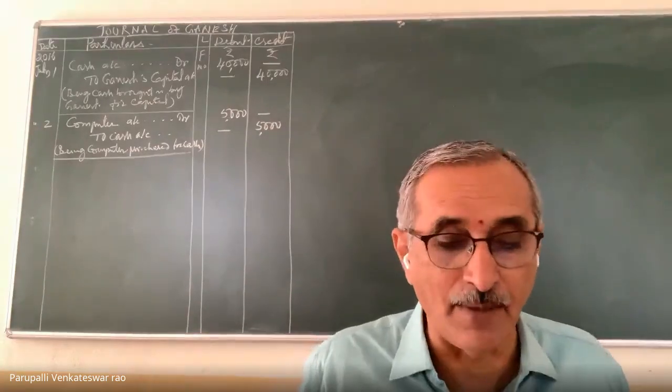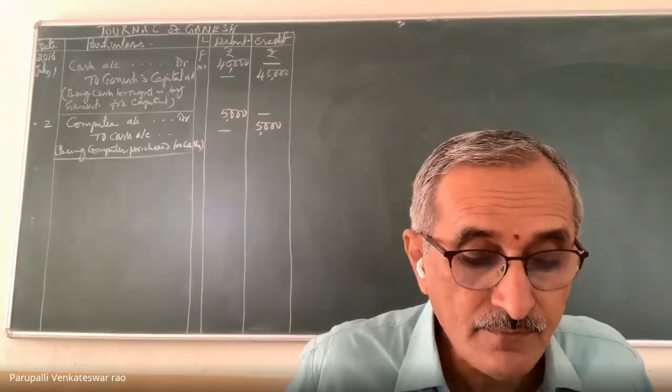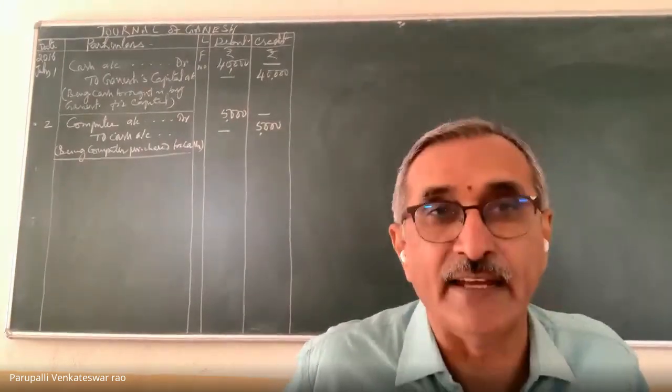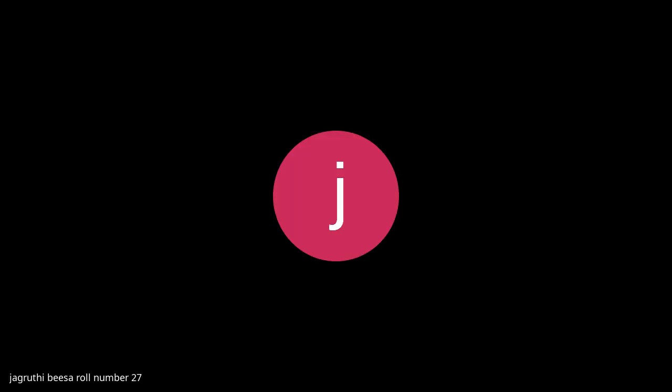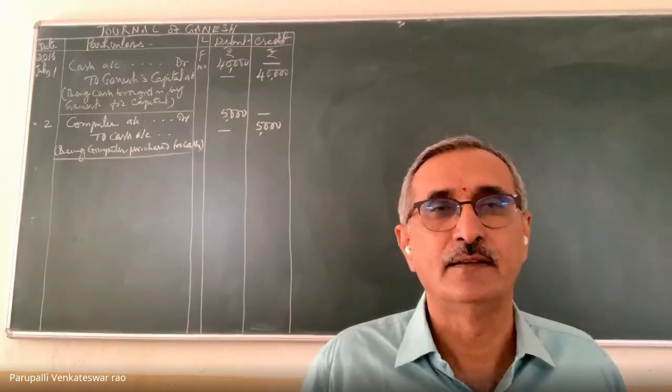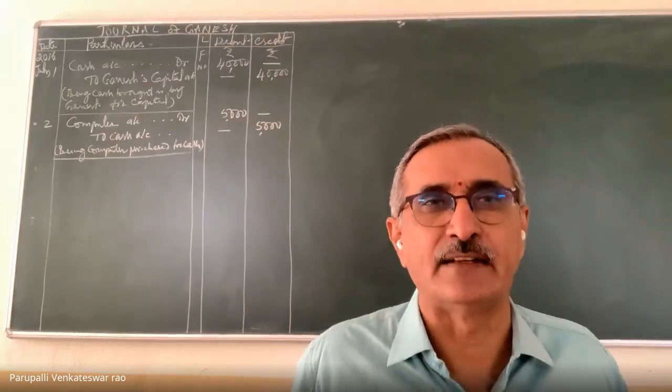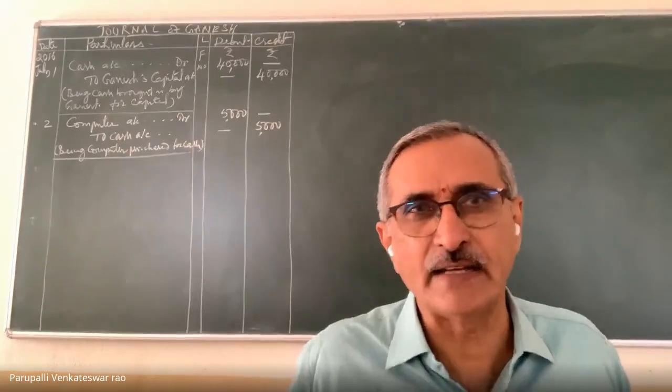Okay, now coming back. It is July 30th. July 30th, sold goods to Ravi 5,000. Ravi's account debit to sales account. Exactly. Why was Ravi's account debited? He is the benefit receiver.